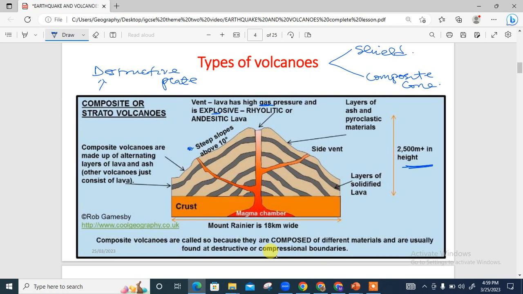As a result, it usually releases pyroclastic materials also, and composite cone volcanoes are the ones that have a secondary vent. But the width of the volcano is usually small, so it's not that wide, but it has a greater height.